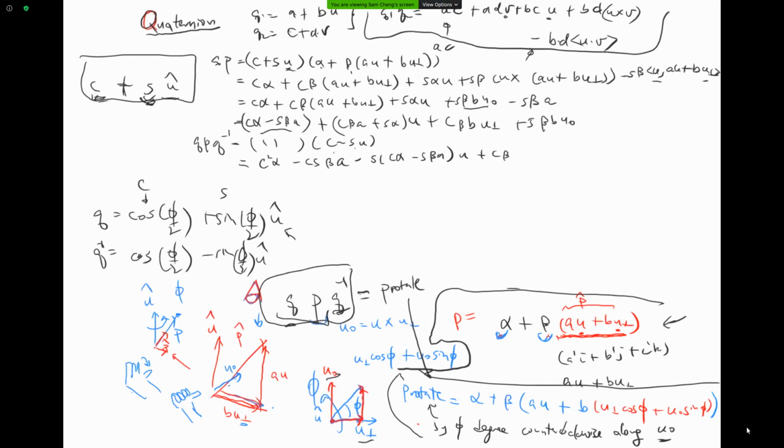That's C beta A plus S alpha U, plus C square beta B U perpendicular, plus, okay, my handwriting is too bad, this is S I think, CS beta B U naught.